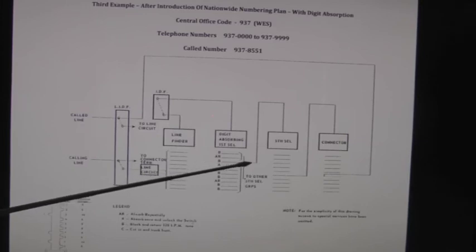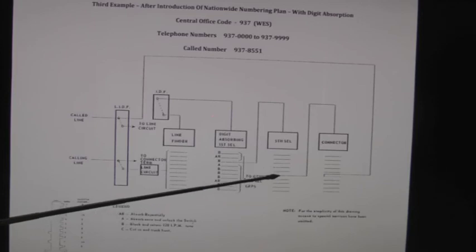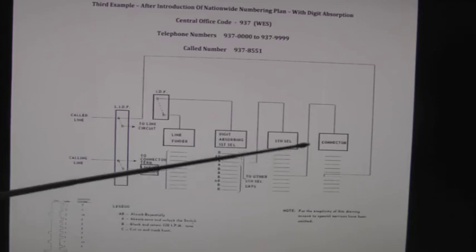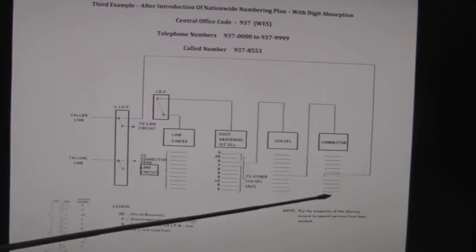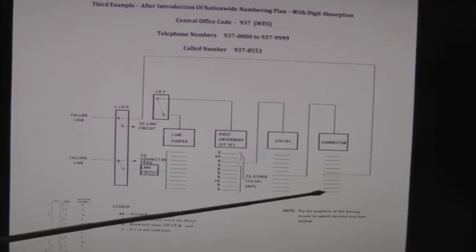So it finds a trunk to a 5th selector. Dials a 5, steps up to the 5th level, gets a connector. Dials the 1, steps up to the 1st level and hangs there because that's all the digits the customer is going to dial. And again, we're going to have a no ring condition.